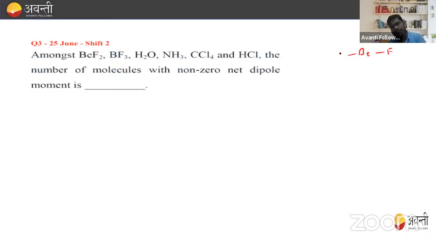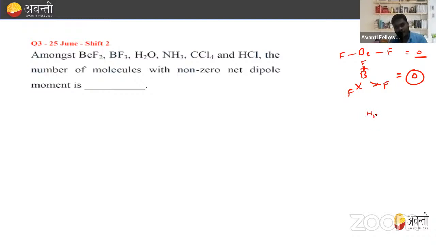BeF2 is linear, hence its dipole moment is zero. BF3 is not linear but planar, and it also shows zero dipole moment because the fluorines effectively cancel out each other.